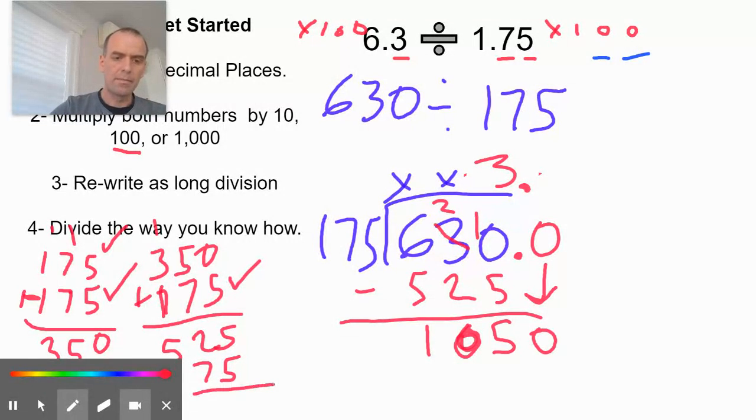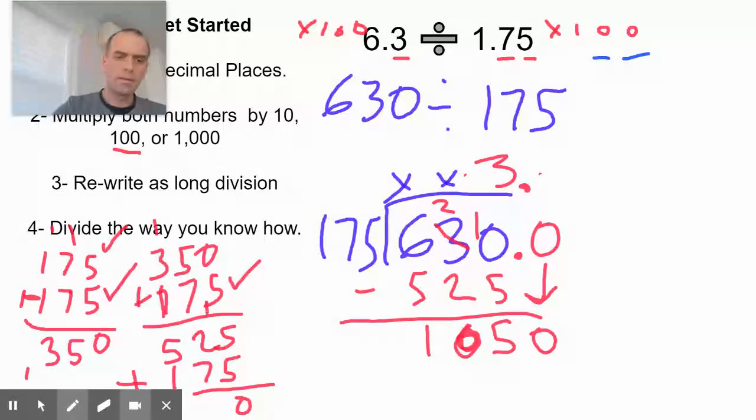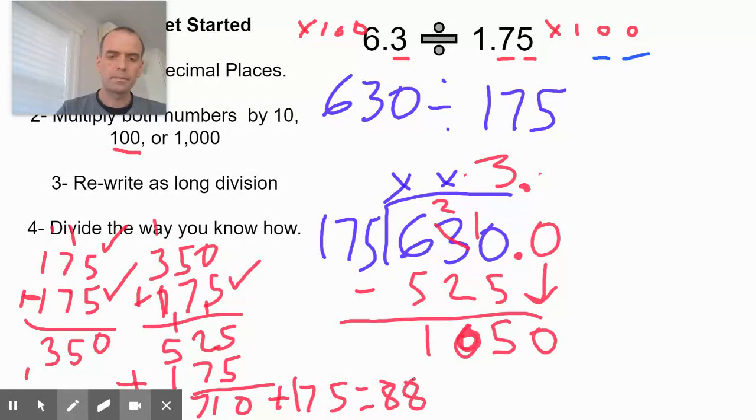And you'll get there. I'm at 710. If I add another 175, I can see right now it'll be 885. And if I add 175 again, it's going to be 1050.